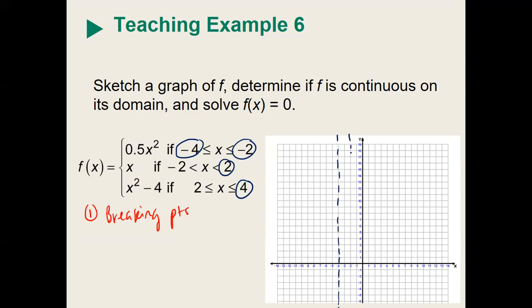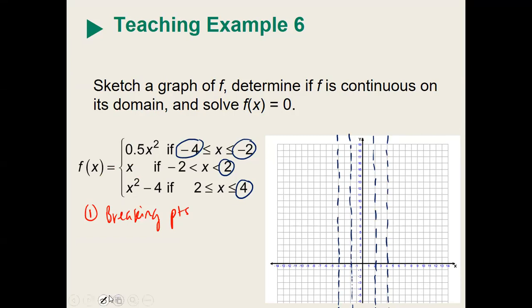At -2, a dashed line. Dashed line at +2, and then at positive 4. Okay. How do we feel about step 1, identifying our breaking points? Easy peasy.